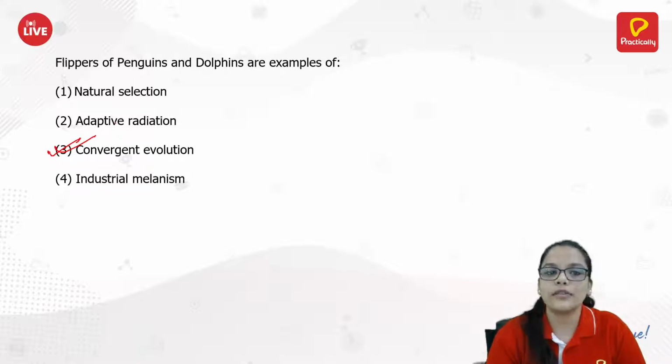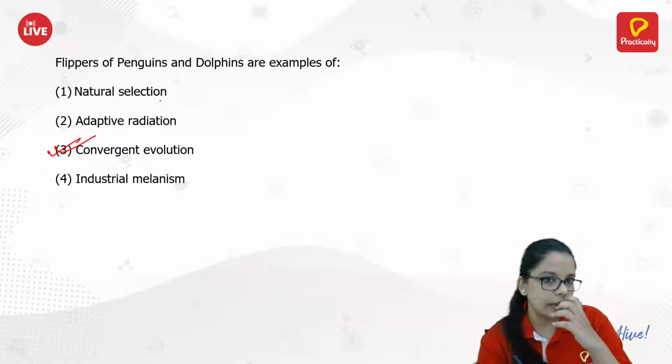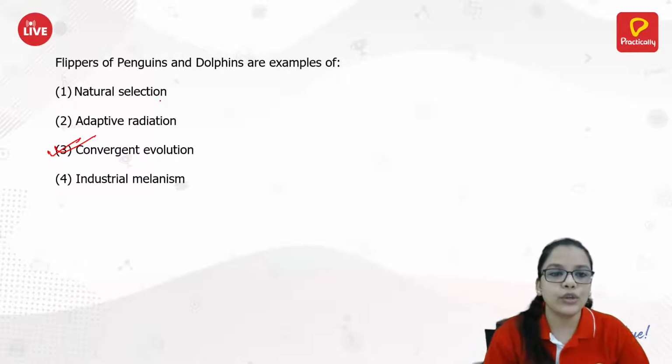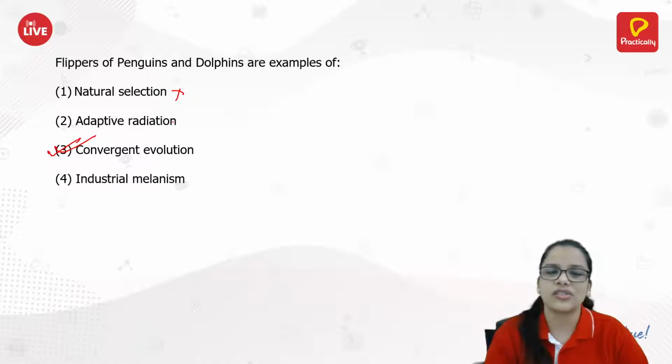It is not adaptive radiation. Natural selection for sure not, because there is no competition in this kind of scenario. It is just the evolution of the penguins and the dolphins so that they get to swim properly and all. So it is not natural selection. Adaptive radiation is also not there. Adaptive radiation and natural selection are quite similar kind of a thing. That is also not there.